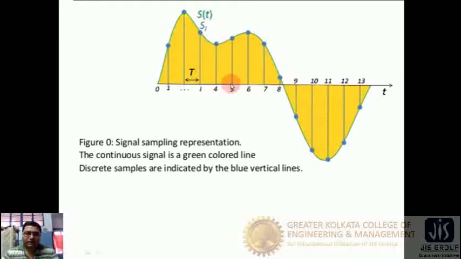So we take samples from this continuous signal like this. Capital T is the time interval between two samples, and small t is the time axis of these signals.